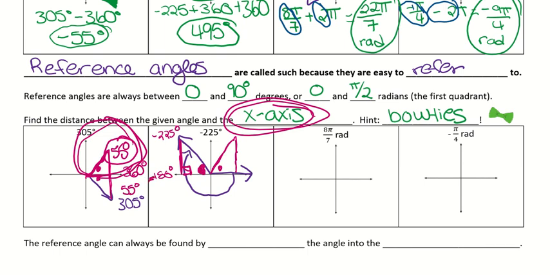Oh, sorry, that should be negative 180. It honestly doesn't matter too much because we're looking for this angle measure. How far is 225 from 180? It's 45 degrees, meaning our reference angle right here is also 45 degrees.